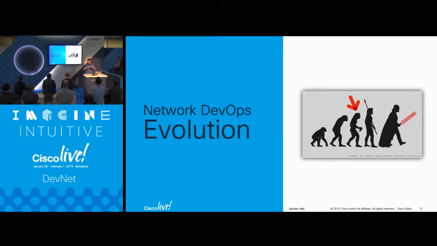Because there are plenty of courses today, even in DevNet for say REST APIs, Python development, how to use an SDK, but at the end of the day, you learn the language, but what can you do with the language is the question. How do you do it is the question. Where do you start? Or jumping from the fact that you're a CCIE engineer to a software developer, it's a long jump, it's a long shot. How do you get there?